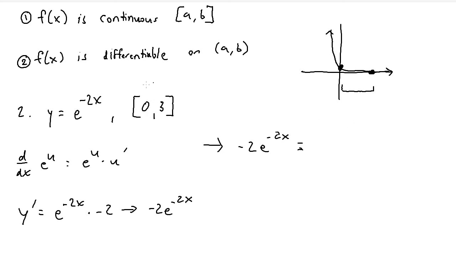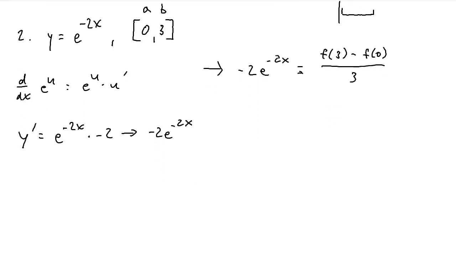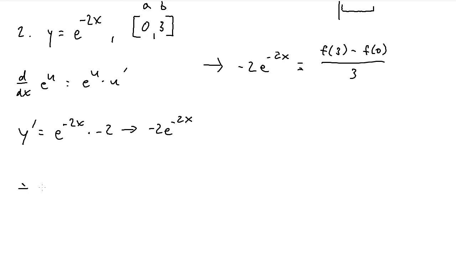So once again, we're going from a to b, so a is our 0 and b is 3, because those are our interval points. So f of b, which is f of 3, minus f of a, which is 0, over 3 minus 0, which is 3. So once again, I'm going to write the equation down here.